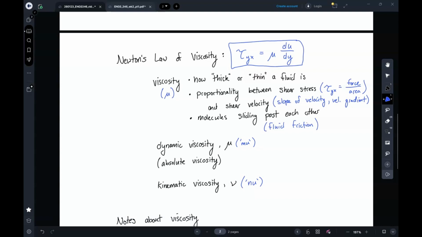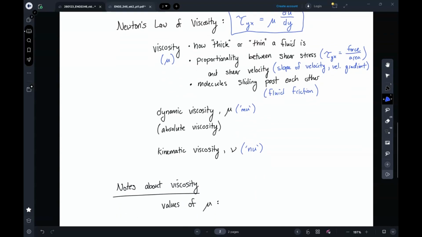The dynamic viscosity is mu, which is, again, this proportionality constant between shear stress and the slope of the velocity, or the shear velocity. The kinematic viscosity, nu, is equal to the dynamic viscosity divided by density.